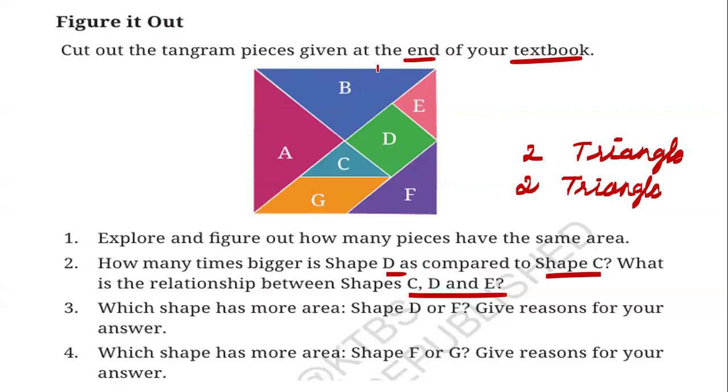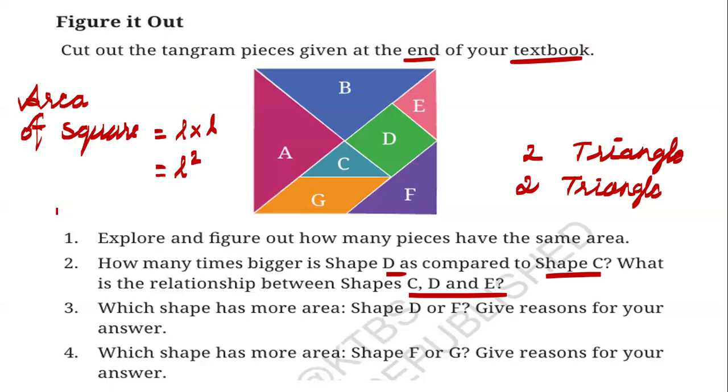First, cut and measure their sides using a scale, and note them down. Using the formula, area of square is equal to L into L, that means L square, and area of triangle is equal to 1 by 2 base into height.